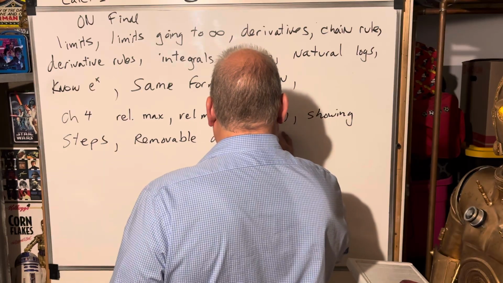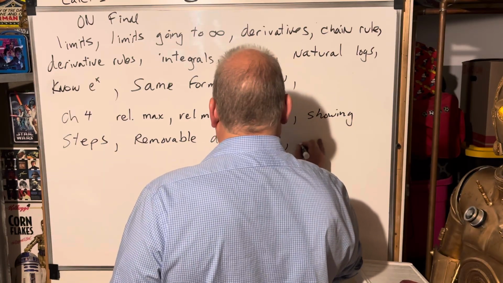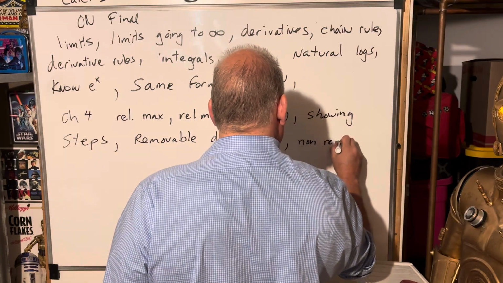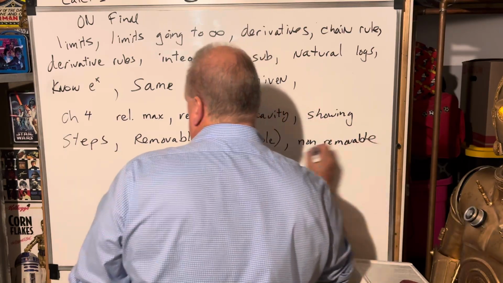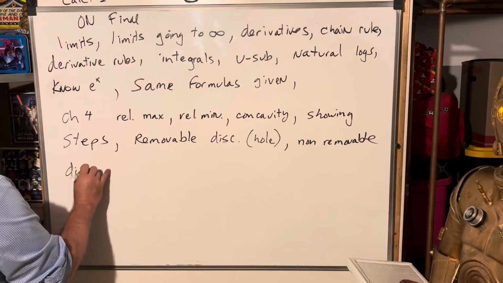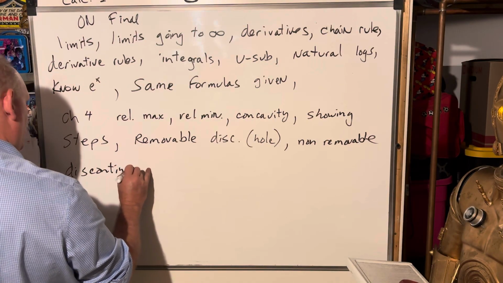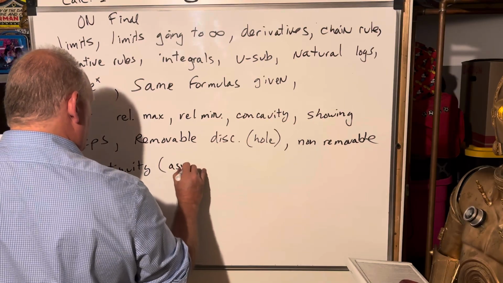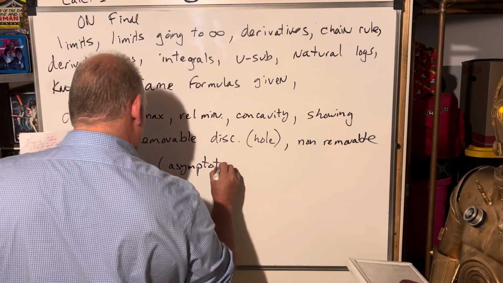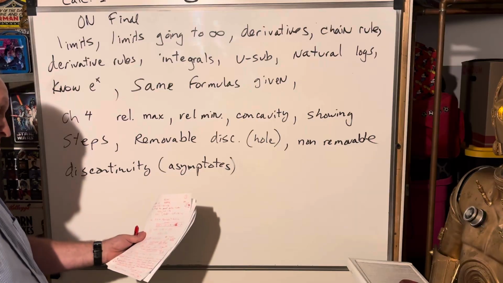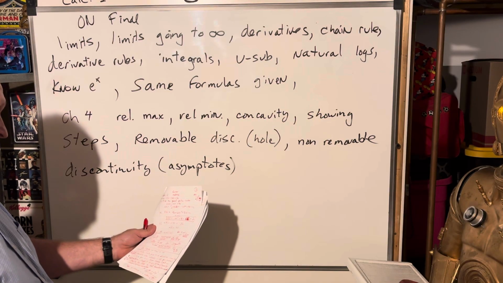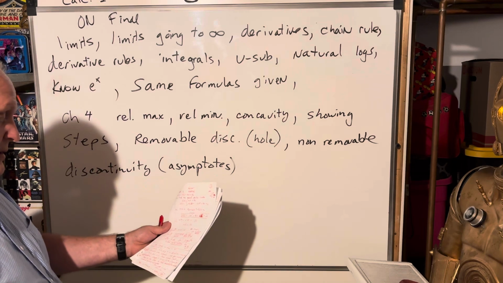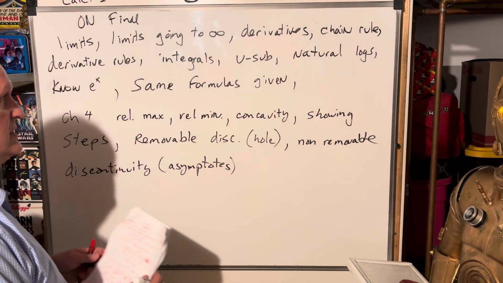Remember, that's a hole. And then non-removable discontinuity. That's like asymptotes. And discontinuity holes, okay. And all the stuff from chapter 6.